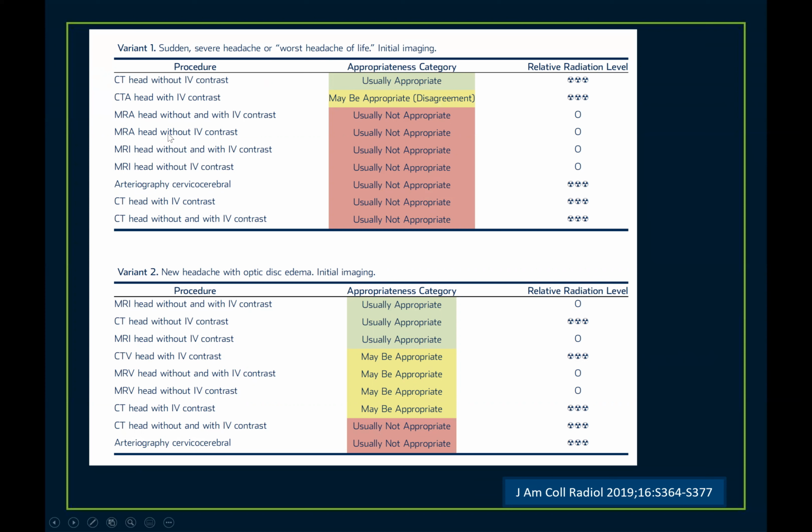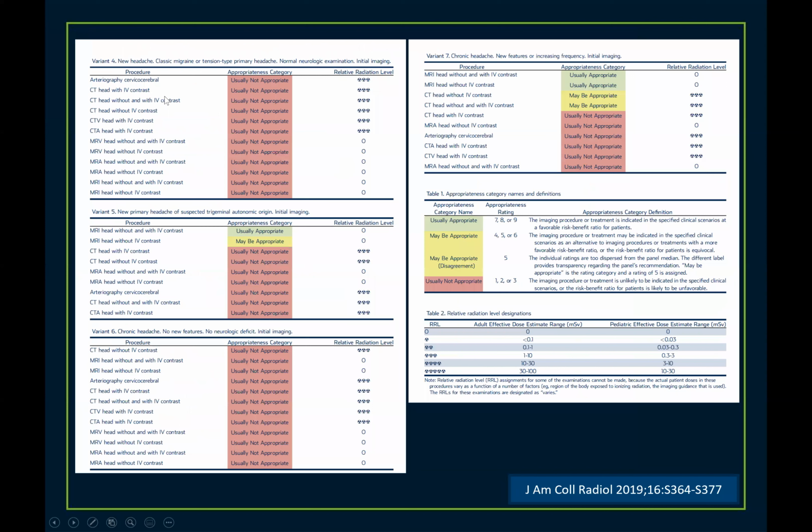In this scenario, MRI, MRA, CT with contrast is usually not appropriate. Classic migraine or tension type headache with normal neurologic exam, usually no imaging is necessary. Chronic headache, no new features, normal neurological exam, no imaging necessary.